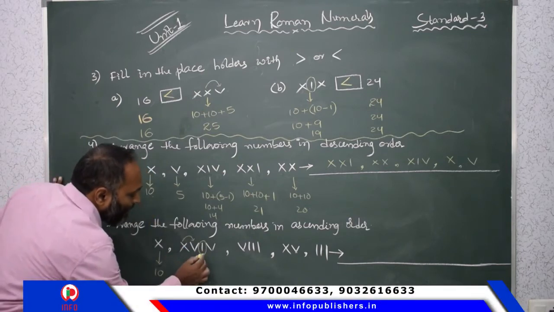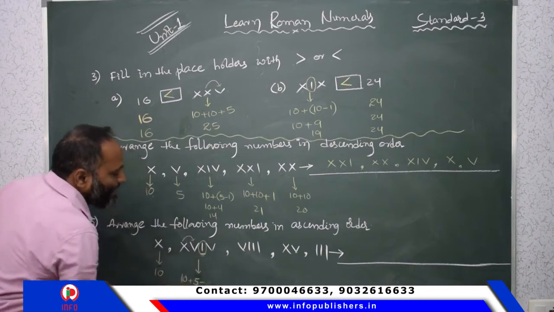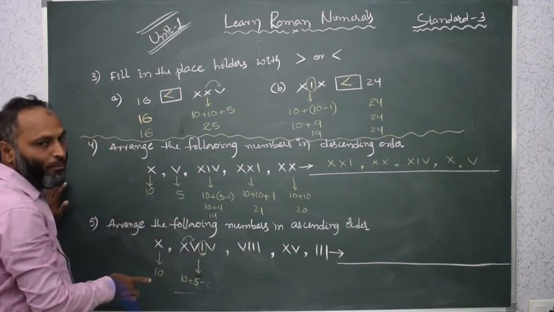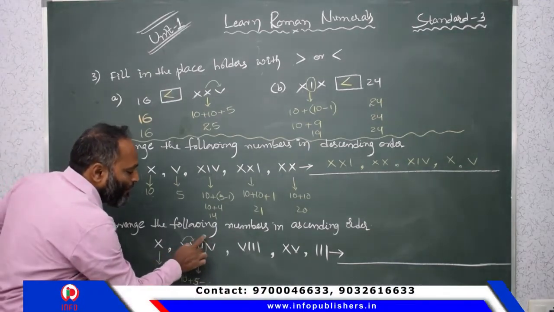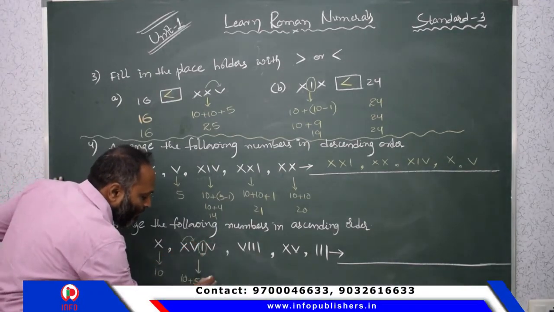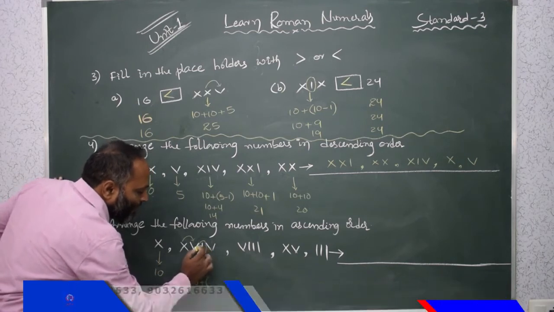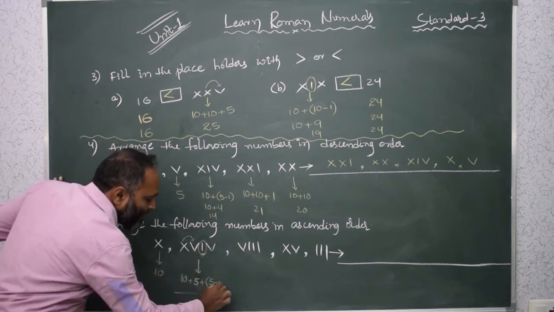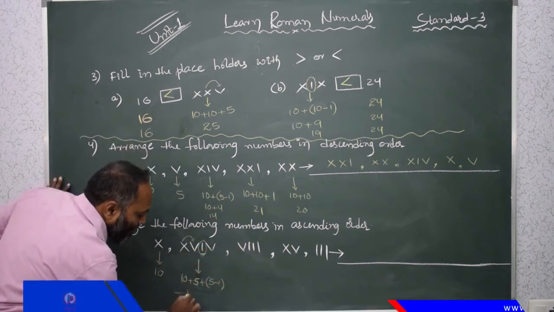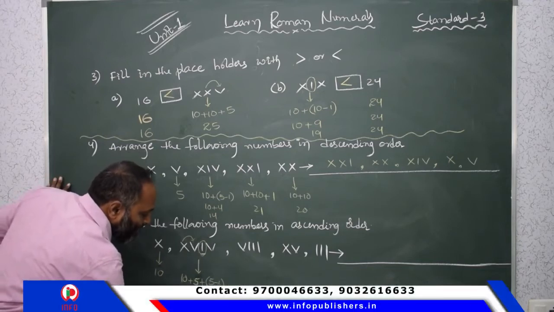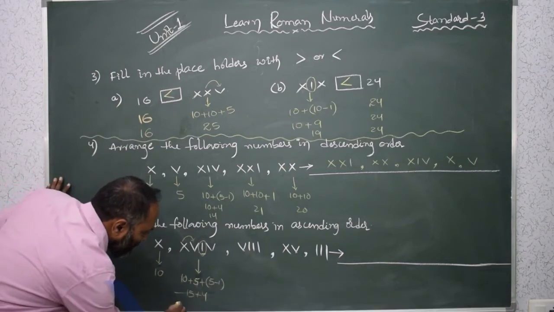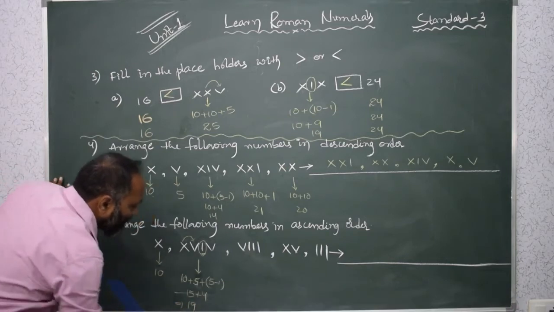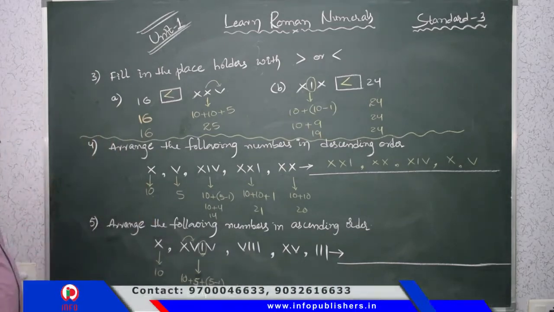Then after that, this I means a smaller Roman numeral, and this smaller Roman numeral is in between two bigger Roman numerals. Then what do we have to do? We have to subtract: 5 minus 1, 4. 10 plus 5, 15. 15 plus 4, 19.